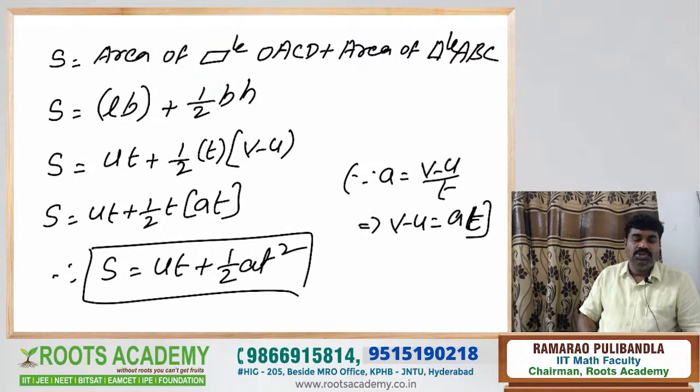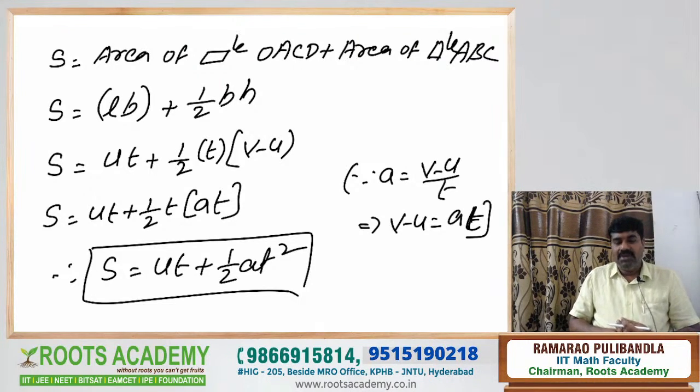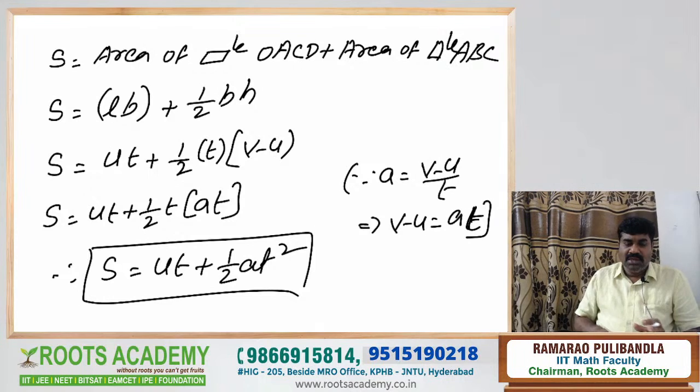So ut plus half t into height, which is v minus u. We know that acceleration is (v minus u) by t, so v minus u is represented as at. Then we get S equal to ut plus half at square. Most important question: S is equal to ut plus half at square. Derivation is the most important.